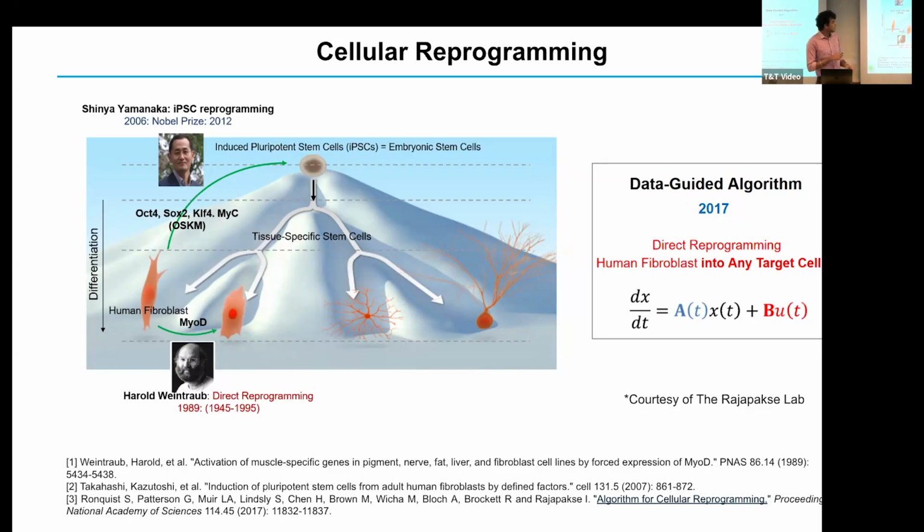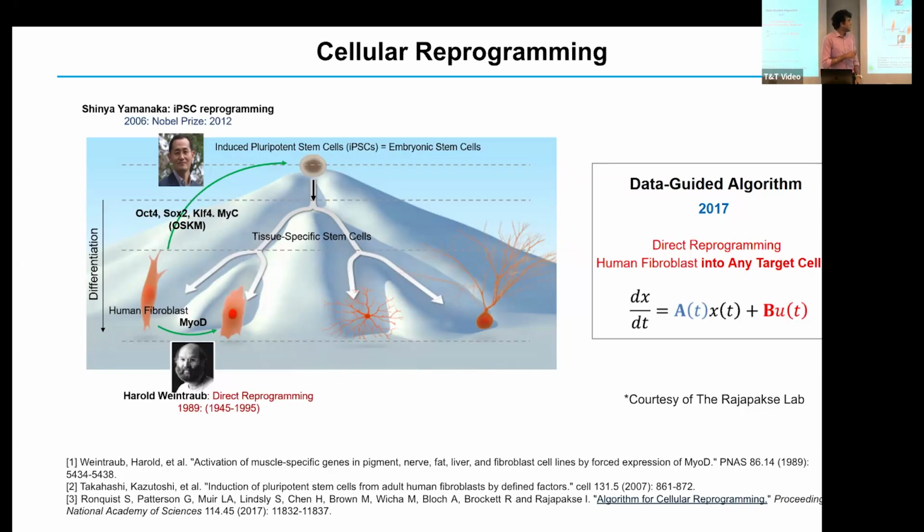In essence, we can take a differentiated cell and make it more pluripotent so that it can go to different cell states. This is extremely interesting because what we once thought of as fixed states, we can now essentially move back, and the applications of these are enormous.